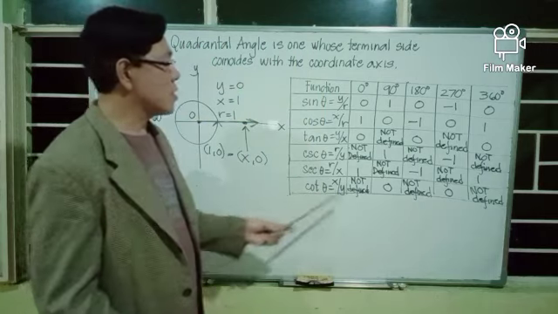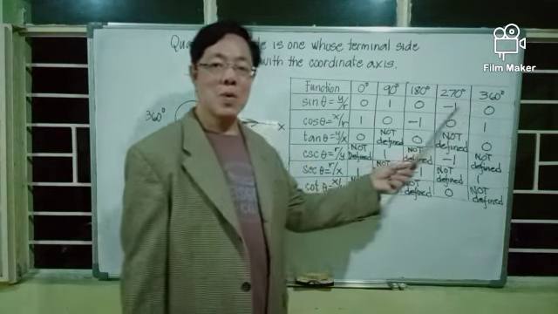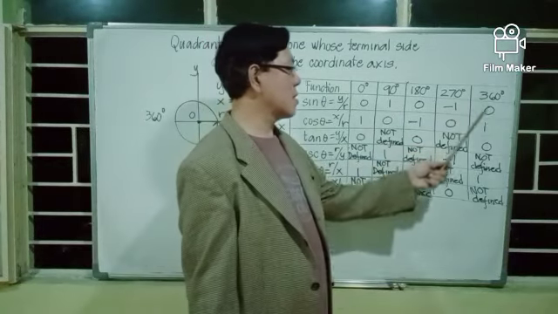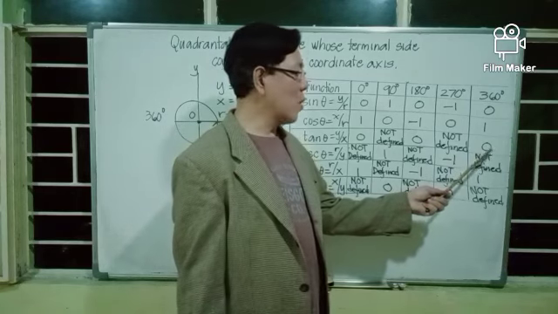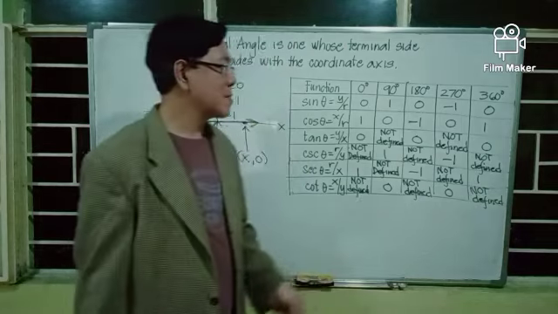Or cotangent of 360 degrees is the reciprocal of the value of tangent of 360 degrees, which is 0. And the reciprocal of 0 is 1 over 0. And 1 over 0 is not defined.